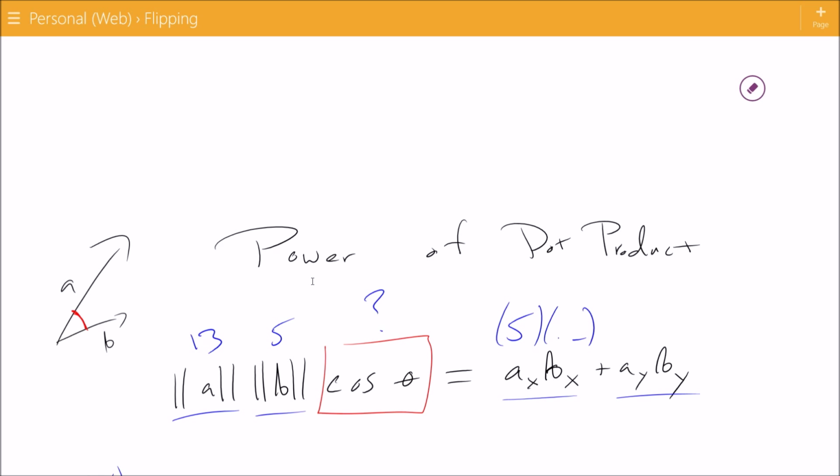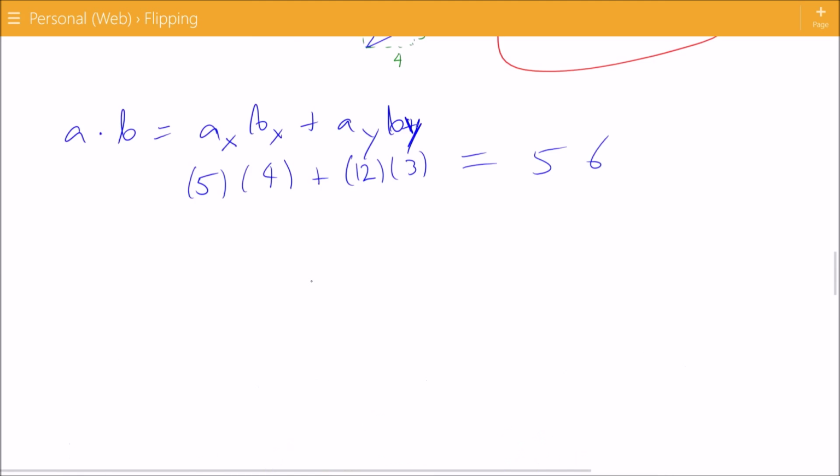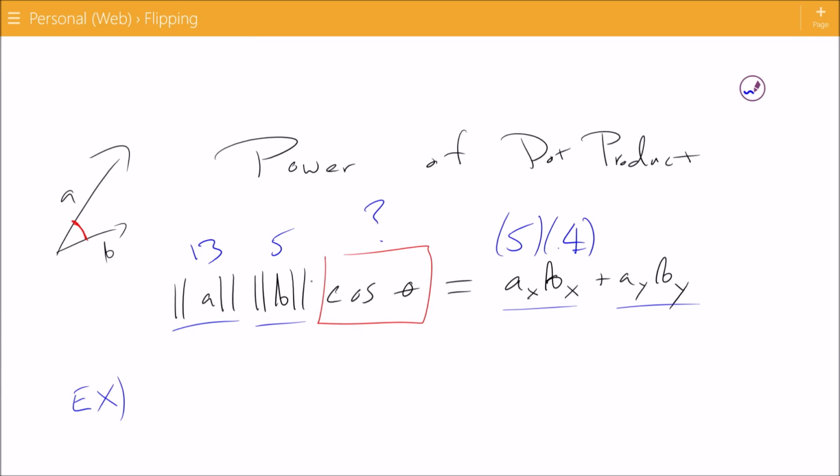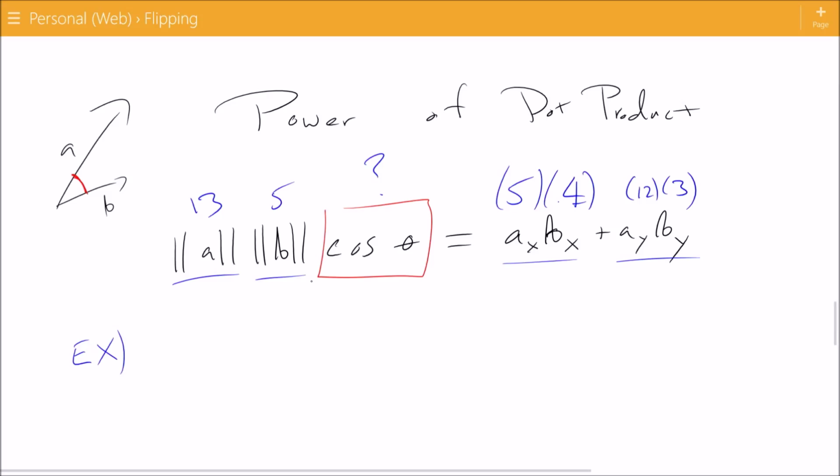My apologies. The vertical for A was 12 and the vertical for B was 3. There we go. We've got a lot of numbers we're working with right now. That's why we write everything down so that we don't get confused.